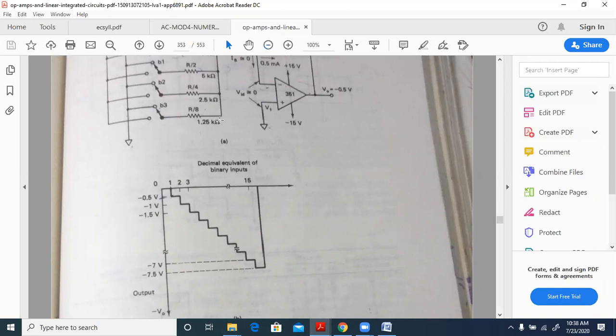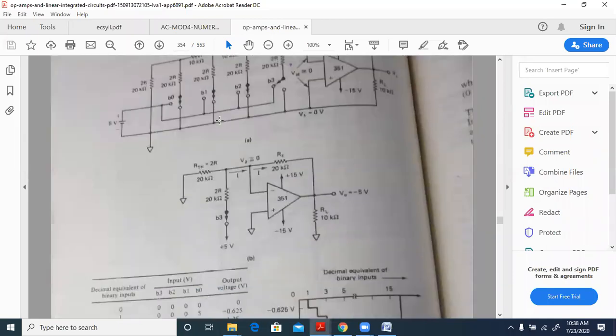Whereas in the next figure, whatever the number of bits, we have only R and 2R resistors in the ladder. But there the variation of resistors is very high. That itself is the disadvantage of the weighted resistor, and that is the advantage of the R to 2R ladder network, because we don't want many variations of resistors.